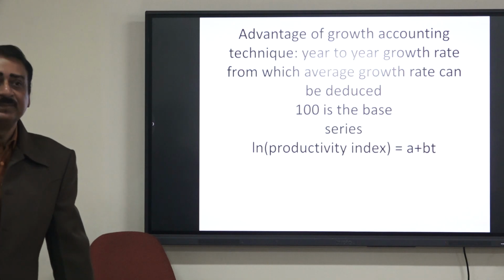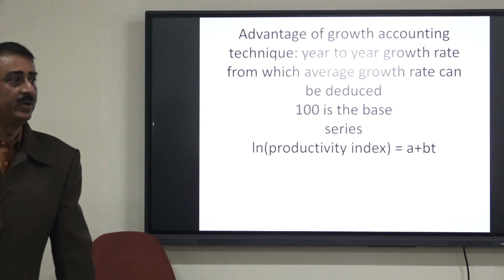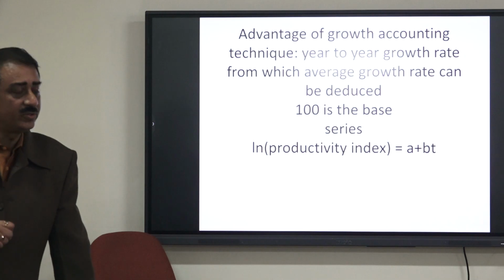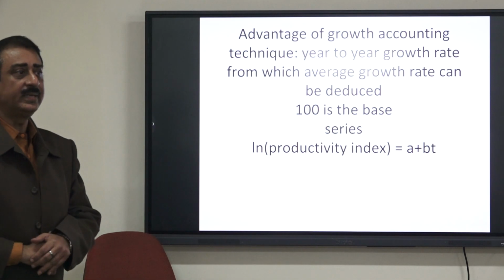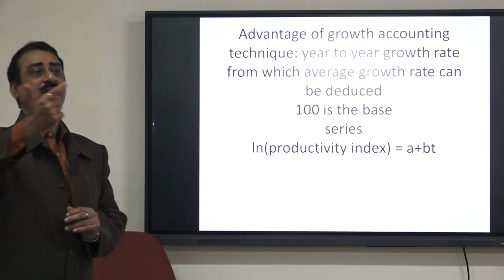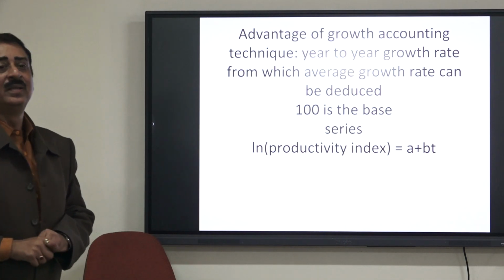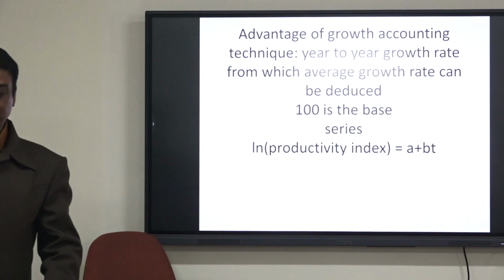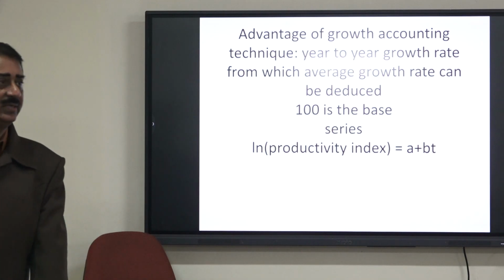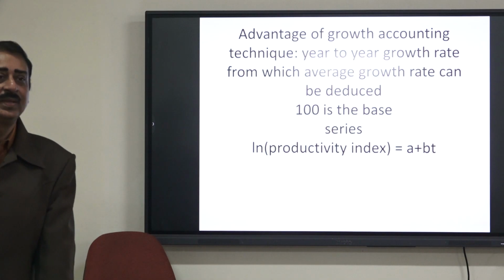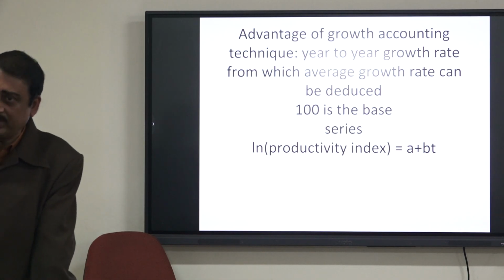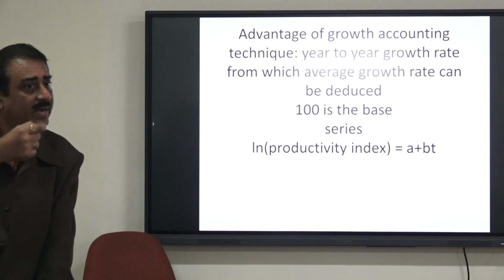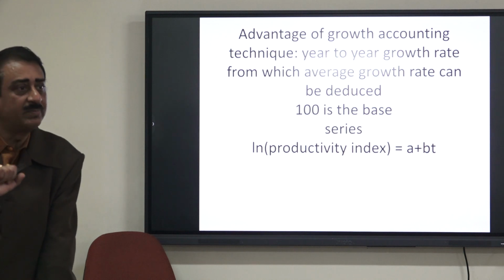You should rather follow the pure econometric method to get the average growth rate, or you do the growth accounting technique and then you index the productivity. How do you index? So you say that the first year productivity is, let us say, 100. And now from the growth accounting technique, you know the growth rates over years. Between 81 and 80, let us say it is 1.1%.